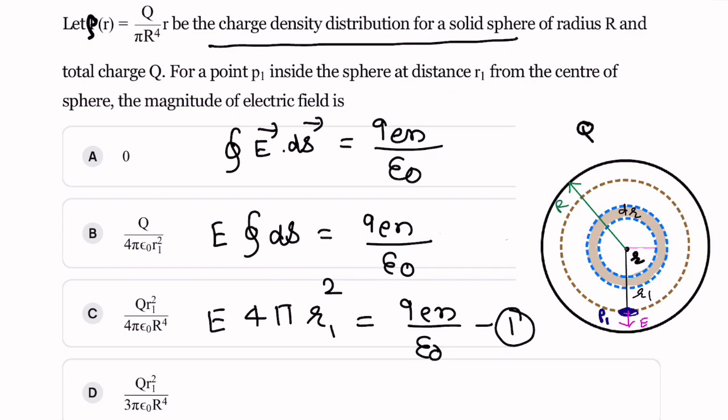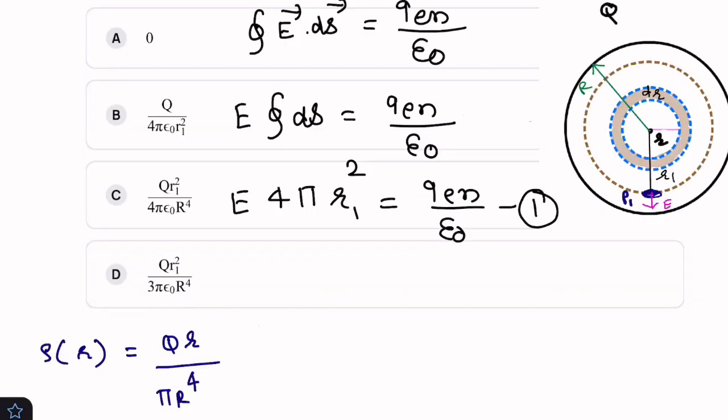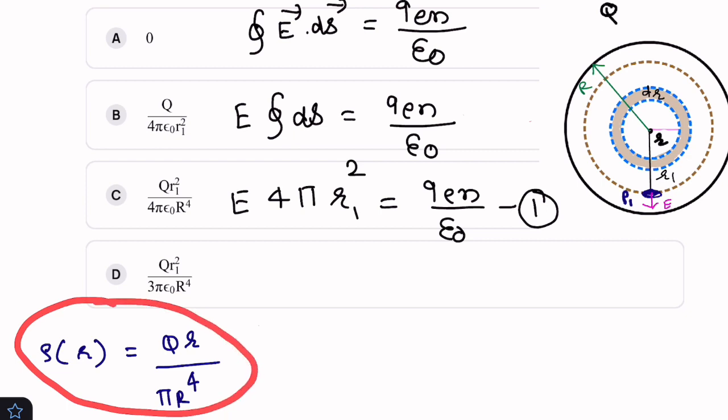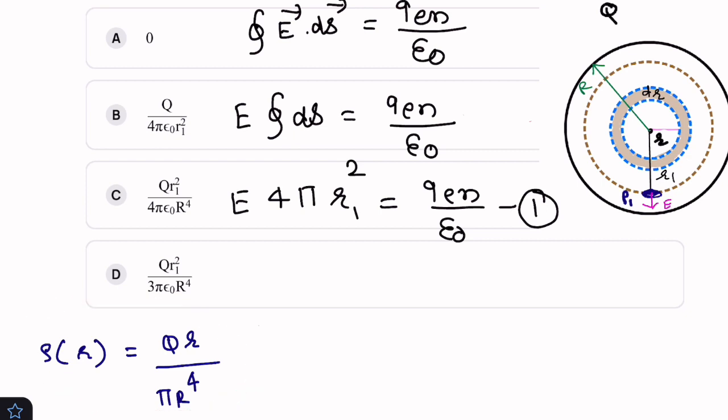This non-uniform charge density means that the amount of charge enclosed by the Gaussian sphere changes from the center to distance r1, by the equation rho r equal to Q r by pi R raised to power 4. It changes according to r.